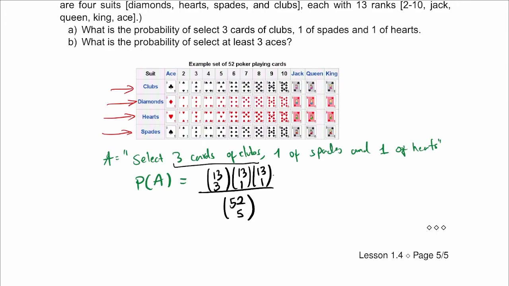And we can also add diamonds: we are not selecting any of them, so it's 13 choose 0, which is going to be 1. We don't need to consider this, but we can. And this is going to be the probability. We can calculate this, and the result is approximately 0.1116.